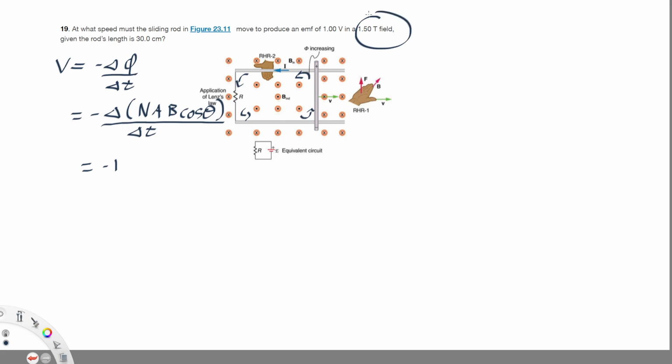It's a constant 1.5 Tesla field. The B field is perpendicular to this loop, so cosine of theta is 1, and it's not changing. So all we have then is the change in the area of the loop with respect to time. So far, so good?